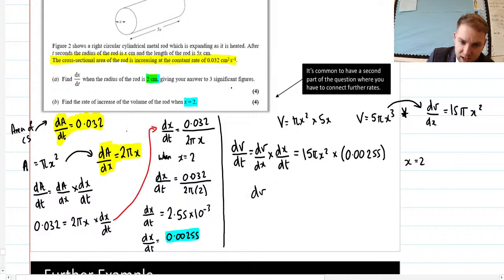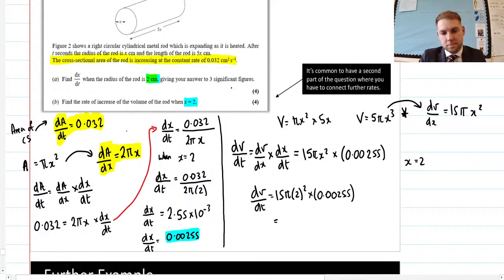So dV by dt, so the rate of increase of the volume, is equal to 15 pi times by 2 squared times by 0.00255, like so. Let's work out what that is.